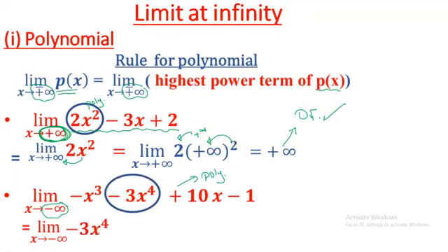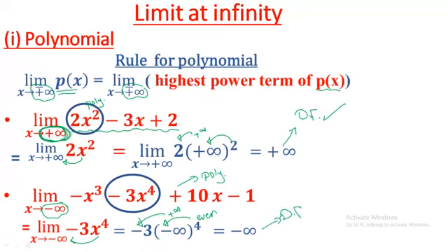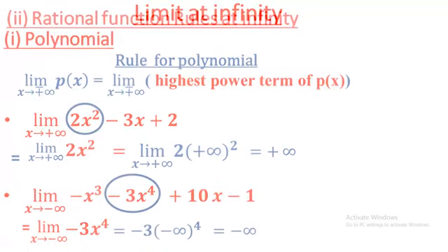We substitute minus infinity instead of x to get minus 3 into minus infinity to the power 4, which is even, so it changes the minus to plus infinity, and multiplied by minus 3 we get minus infinity, which is a determinate form.